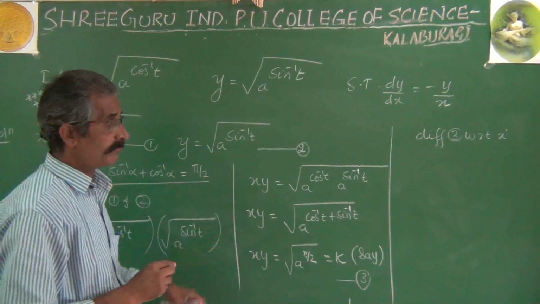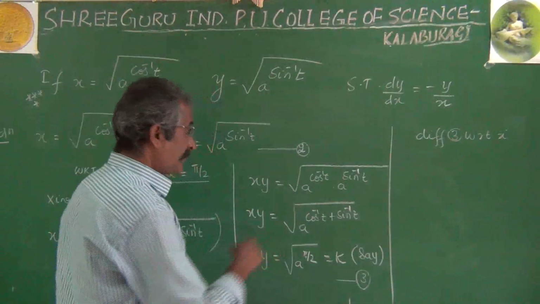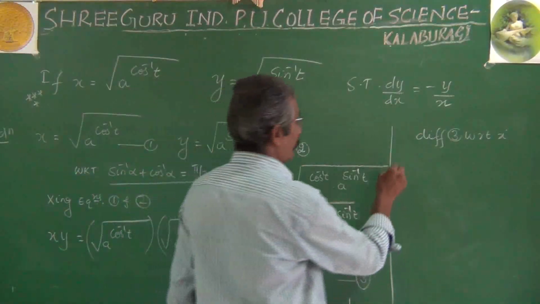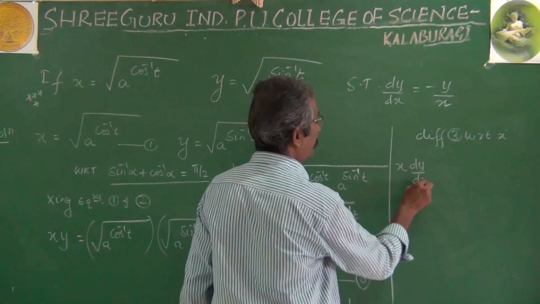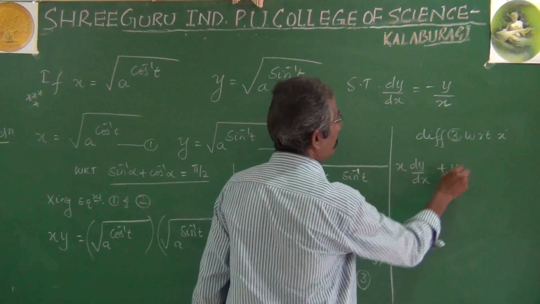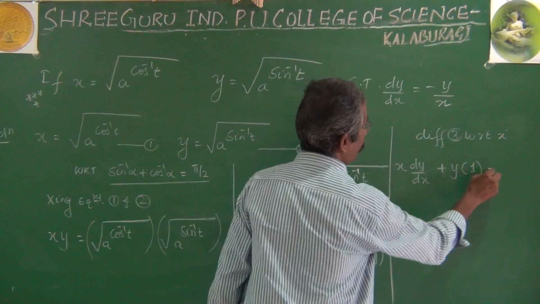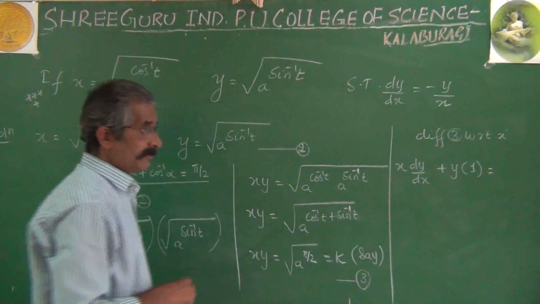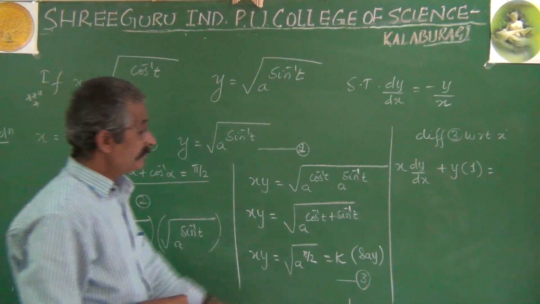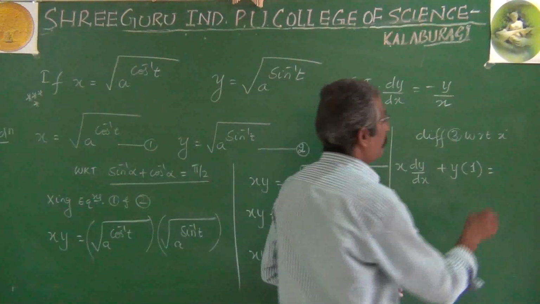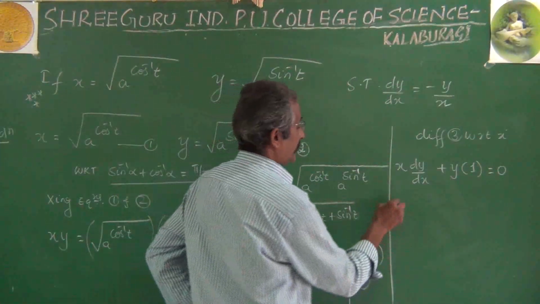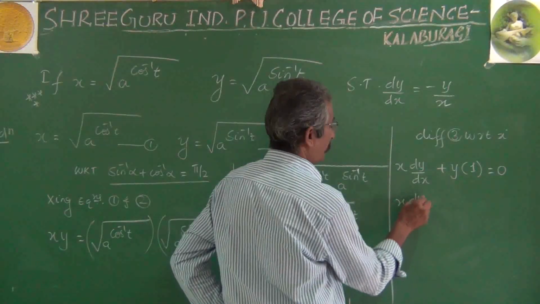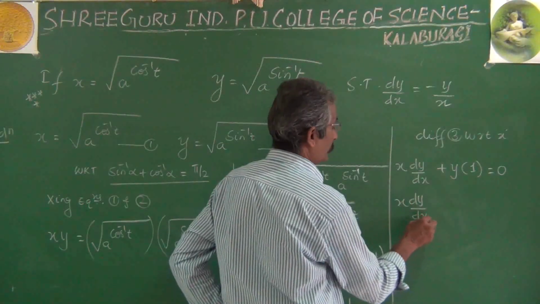Left side, we need to apply the product rule: first function x into differentiation of y, dy by dx, plus second function y into differentiation of x, which is 1. Whereas on the right hand side, the differentiation of constant k is 0. Or x dy by dx plus y equals 0.